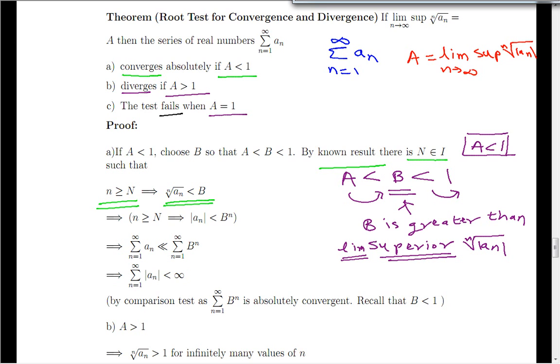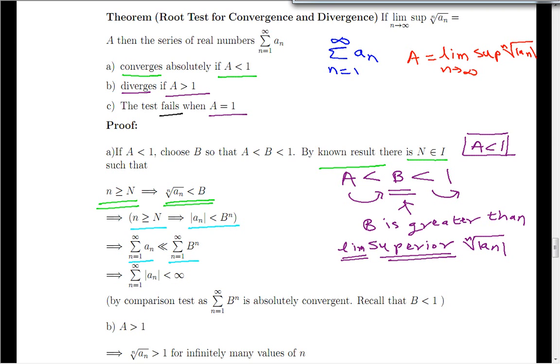This implies that n greater than or equal to N implies mod a_n is less than b^n. So the series mod a_n is dominated by series b^n.